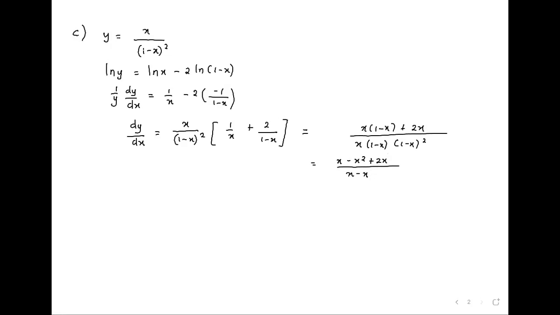In fact, before this, we can reduce our work by canceling one of the x. So this x and that x can go with this x, so that we just have 3 minus x over 1 minus x to the power 3.